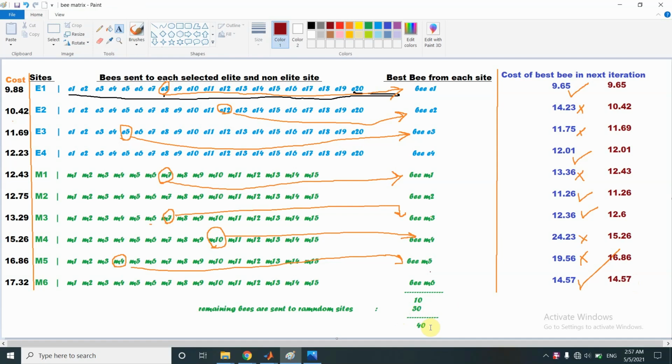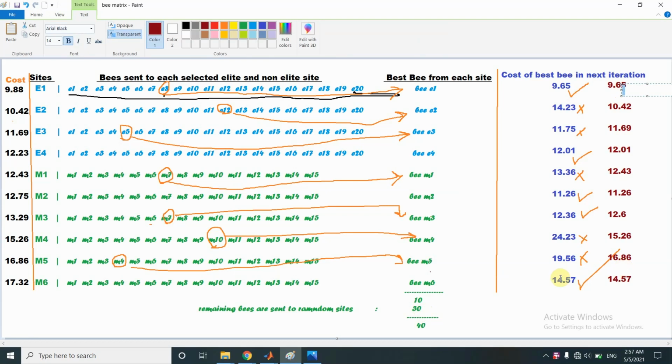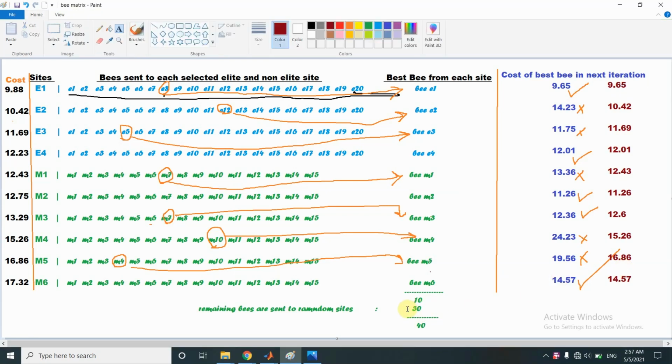Now, there may be cases that out of these 30 bees which were not sent to the elite sites, they were sent to random locations, but they may find sites which may have even better cost than elite and non-elite sites. So that needs updating. So after this iteration, the bees from the selected sites are updated as this, and the 30 bees that were sent to the random locations will also have some cost value.